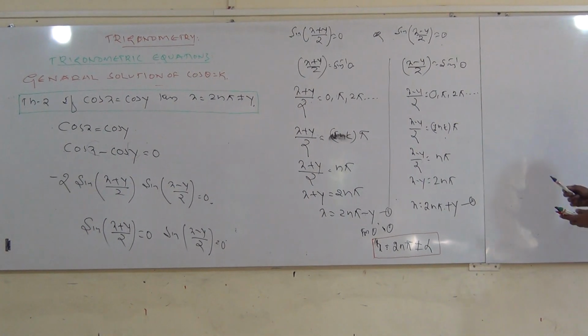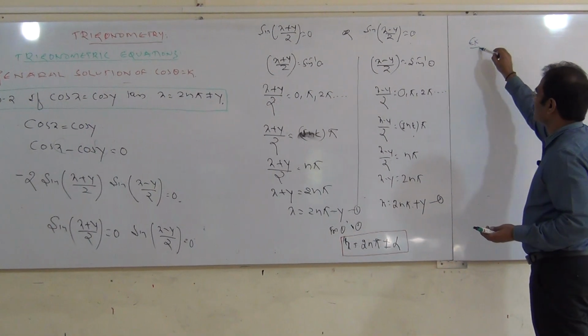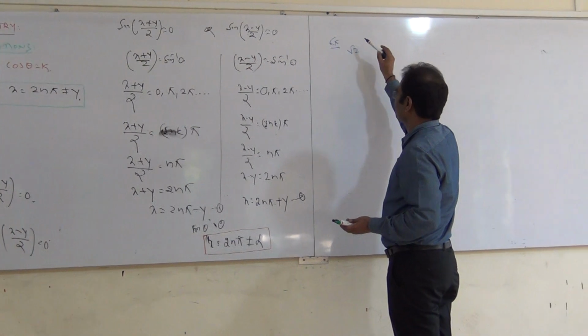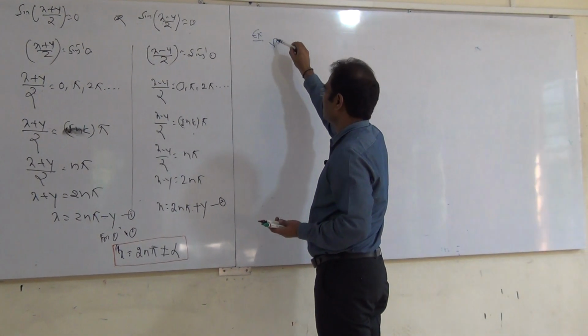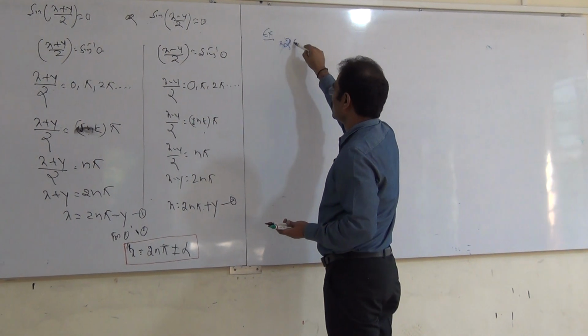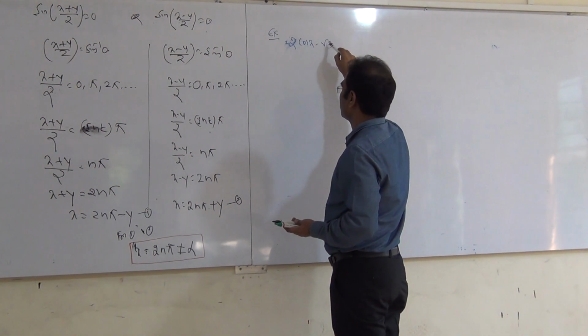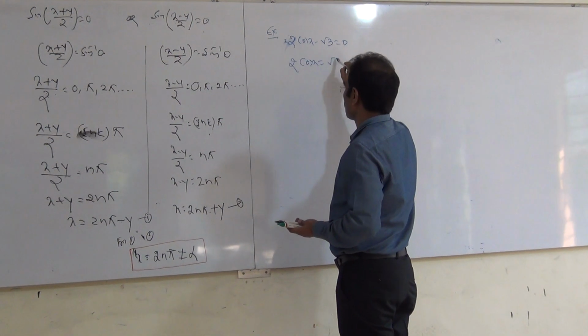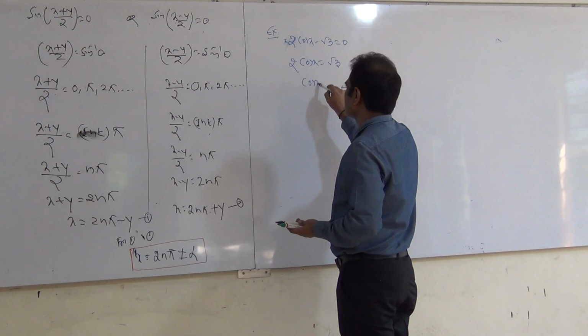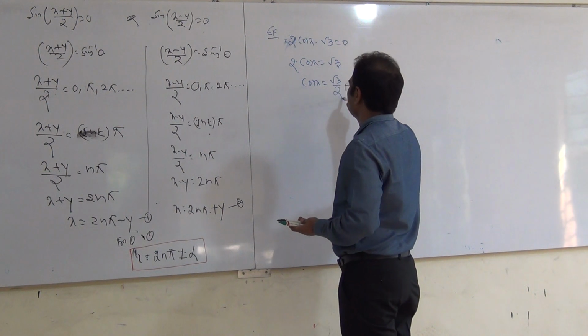If you want one example, 2 cos x minus root 3 is equal to 0, cos x is equal to root 3 by 2.